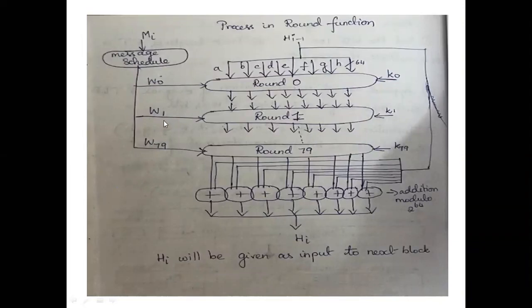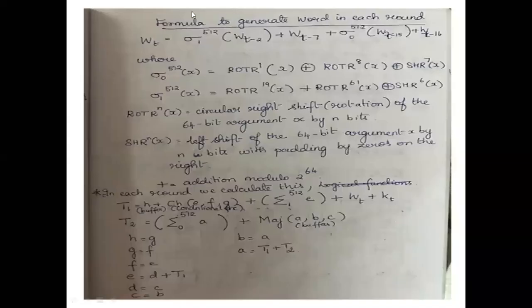You are going to generate words using this formula from W16 to W79. This is an important factor you must remember. You use this formula only from W16 to W79. This is the formula given in your book, and t is the round number.